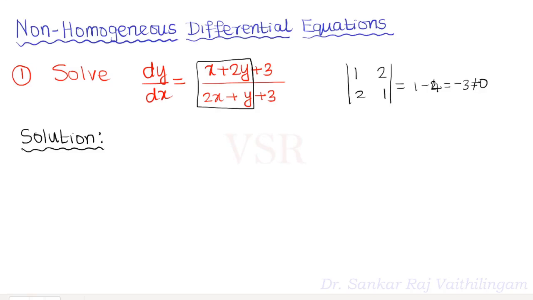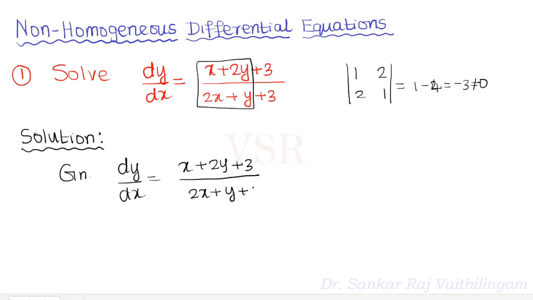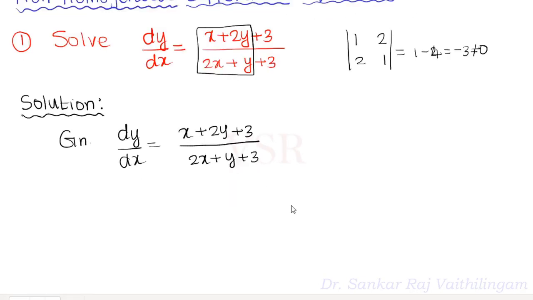Okay, so let me first write the solution. Given dy by dx equals x plus 2y plus 3 divided by 2x plus y plus 3, which is a non-homogeneous equation of type 1, since the determinant value is not equal to 0.